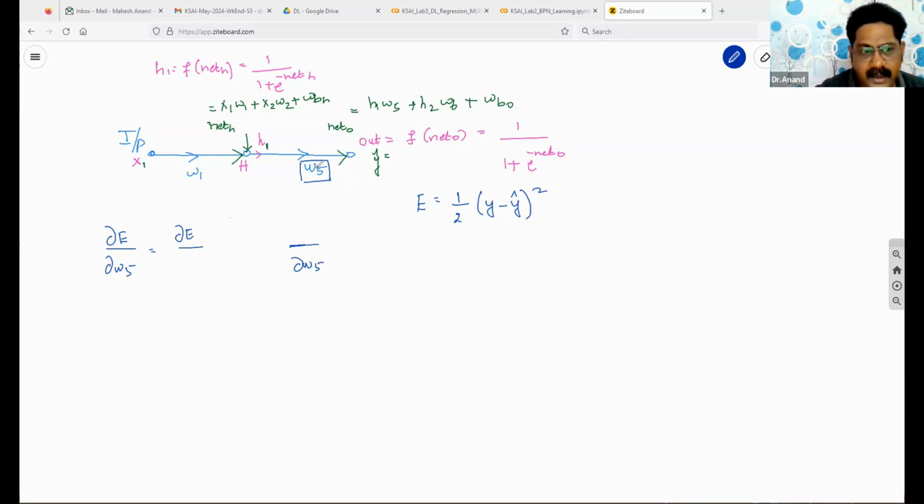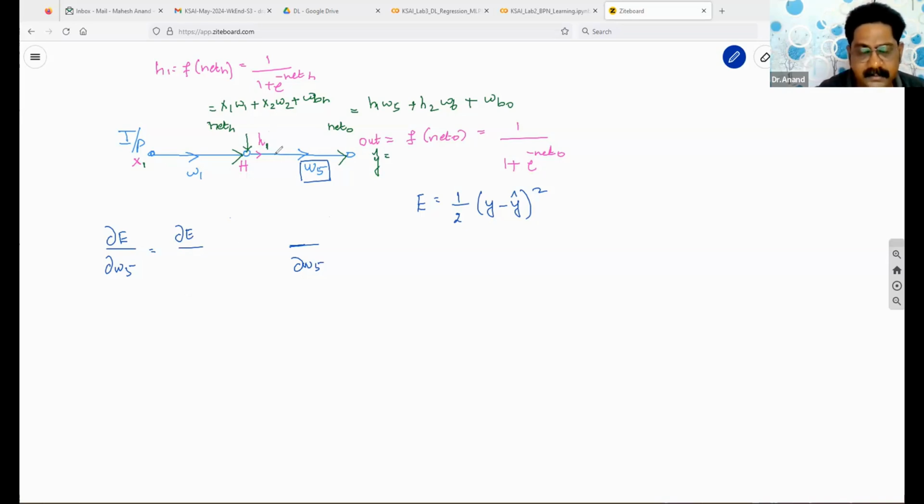How W5 impacts the error, right? The change in W5 impacts the error. Try to understand the logical meaning of this expression. In order to calculate how W5 affects error, we are breaking that into three components.